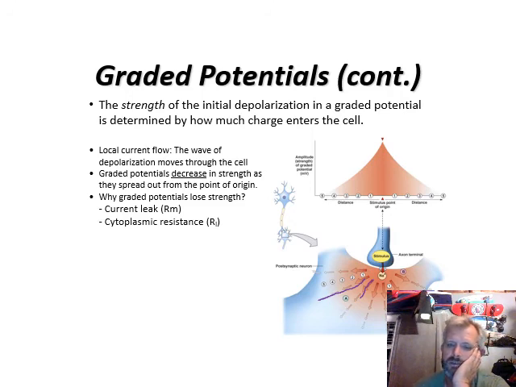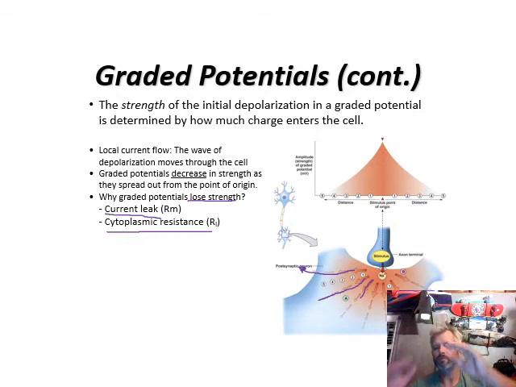And why do we lose strength? There is cytoplasmic resistance as we move through the cell, and you can also see some of the signal also leaks, right? This is why these graded potentials are decremental as they move through the cell body, from the dendrites into the cell body down towards the trigger zone, down towards that axon hillock.